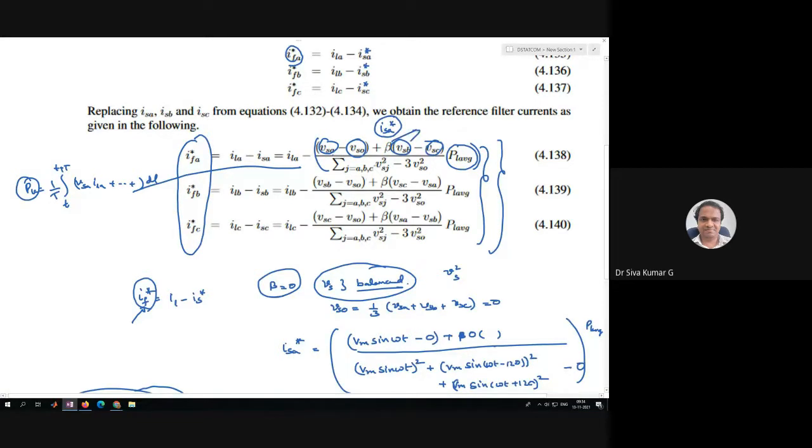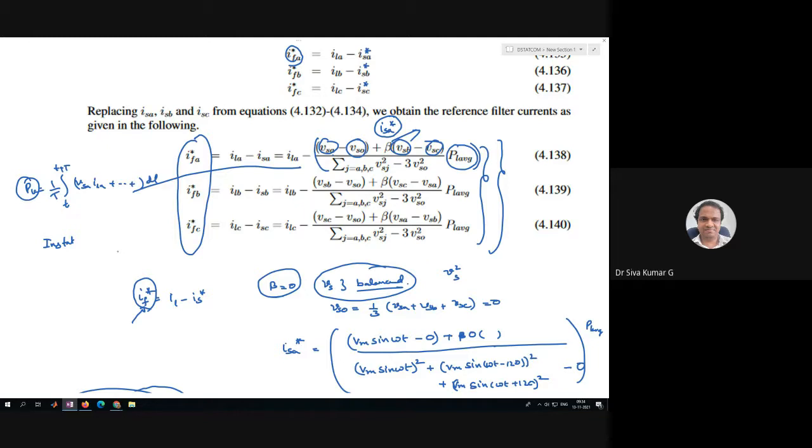These are all the instantaneous currents only. That is the reason why they have been represented as instantaneous. We use the symmetrical component theory in estimating the filter currents, or in estimating the reference source current, or the desired currents.